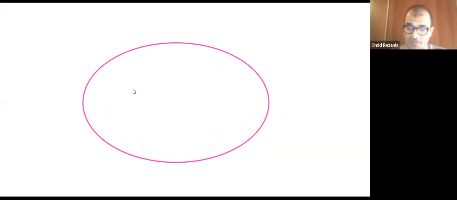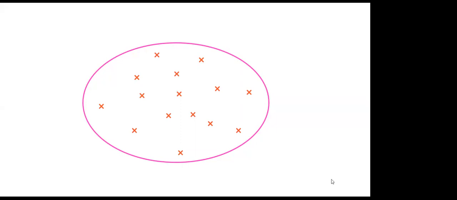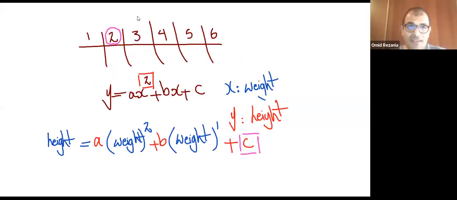Imagine this is the room with 15 American women: 1, 2, 3, 4, 5, 6, 7, 8, 9, 10, 11, 12, 13, 14, and 15. I know their height and weight, and I used this model, which I derived here, as the best model that describes these weights and heights.